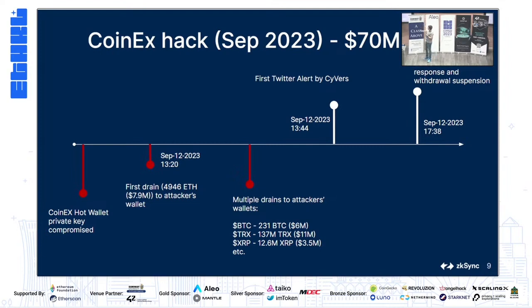Only after 4 hours from the event did CoinEx respond and suspend withdrawals. So the main idea here is that if the company had proper alerting, they could not have blocked the first withdrawal, but they could have mitigated the next withdrawals that led to around 70 million lost by the company.